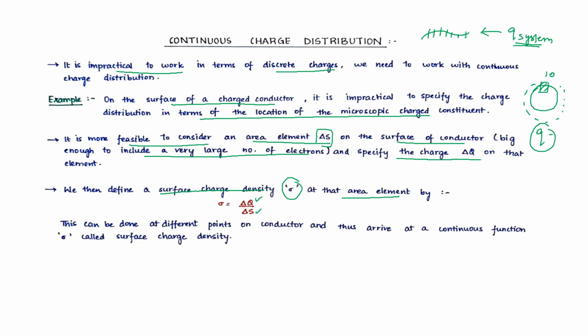Now we have taken this sphere. From this sphere we have taken a big space having charge del Q, and the area of this sphere element is del S. So the surface charge density is given with the symbol sigma, and it is given by the number of charges present per unit area.